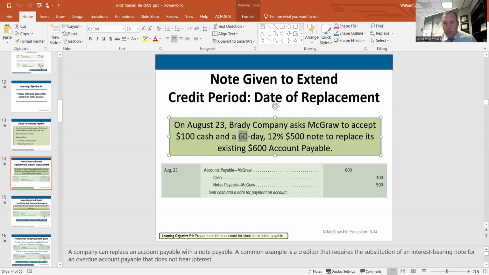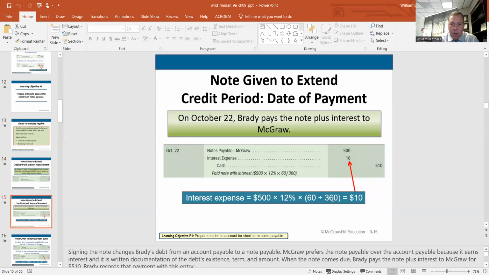So if I'm doing this, for instance, I've got $500 times 12%, but that's an annual rate. So I take 500 times 12% times 60 divided by 360. And so when I do that, I'm going to come up to $10. 500 times 12% times 60 divided by 360 gives me $10.